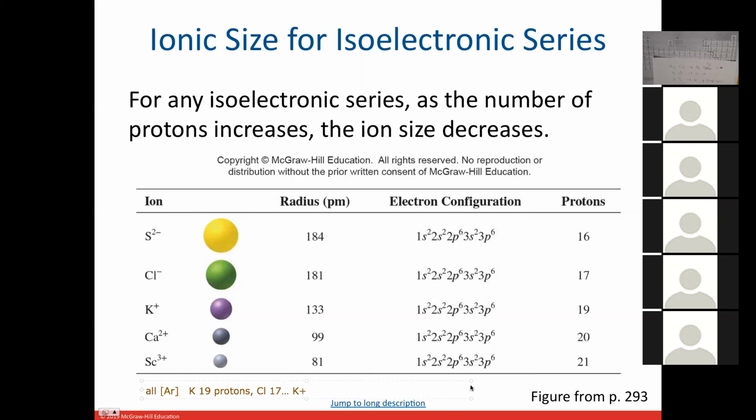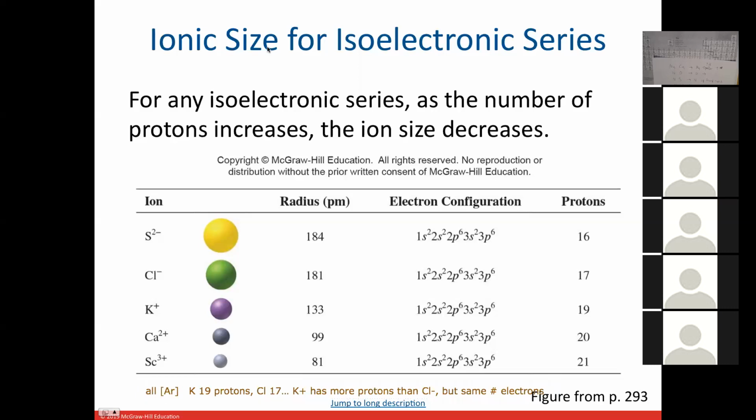Potassium plus has more protons than Cl minus, but they have the same number of electrons, right? So if they have the same number of electrons, but potassium has more protons, it's going to be smaller. So this is a different kind of periodic trend. You can do ion size for what they call isoelectronic atoms.